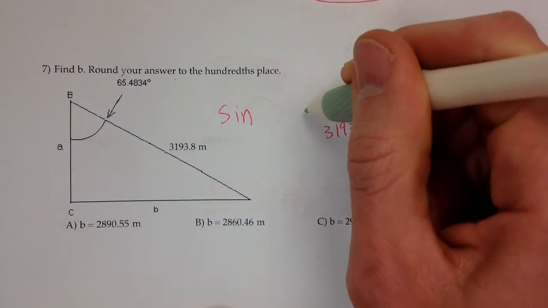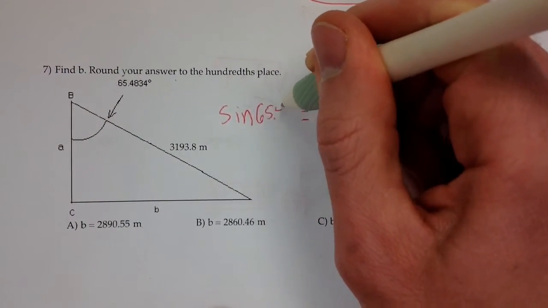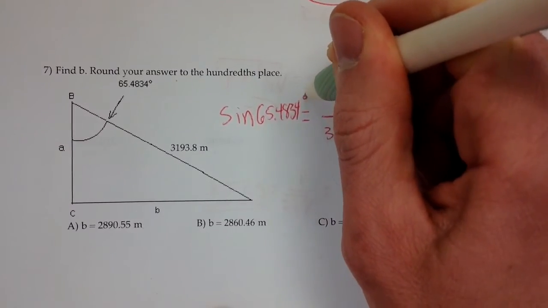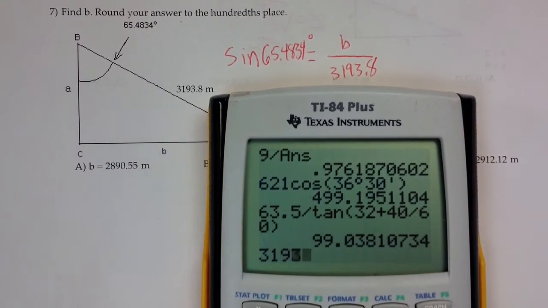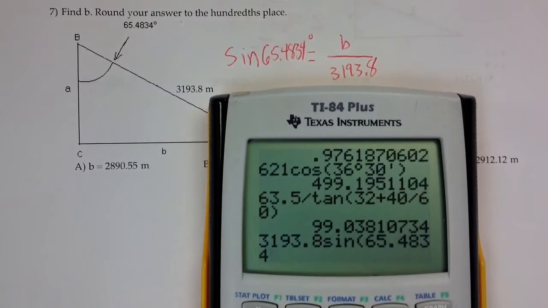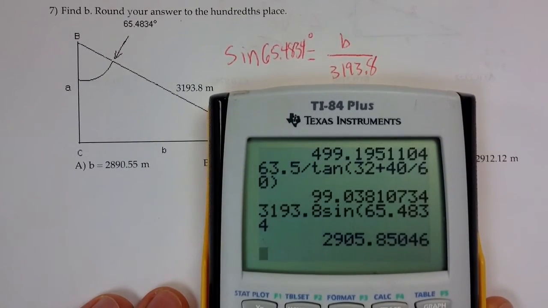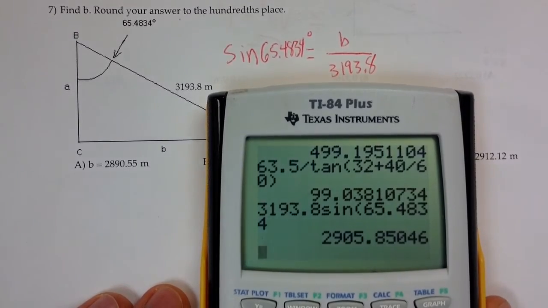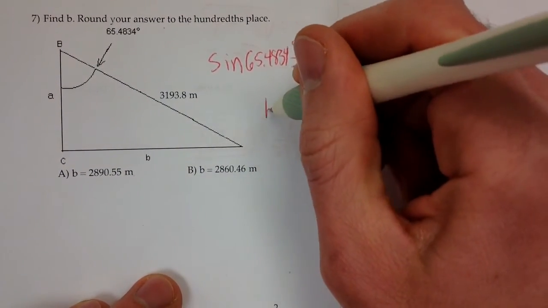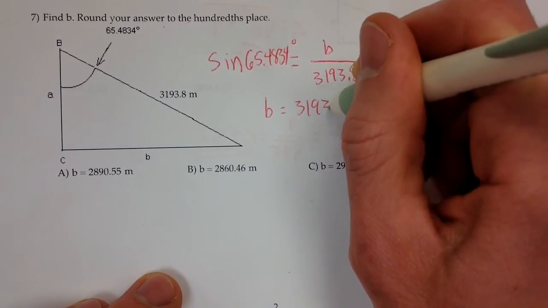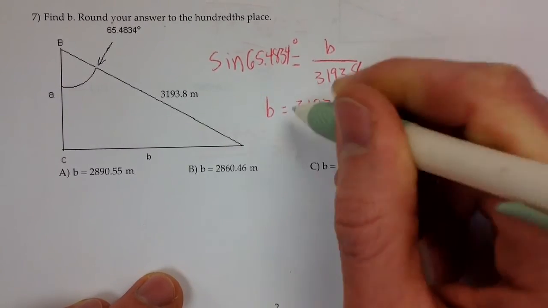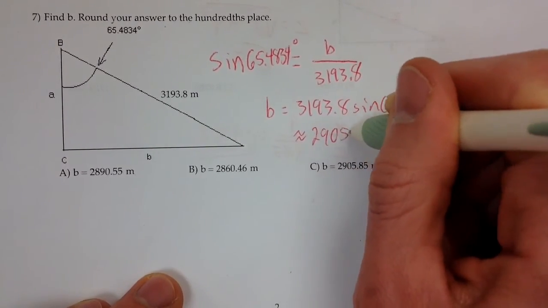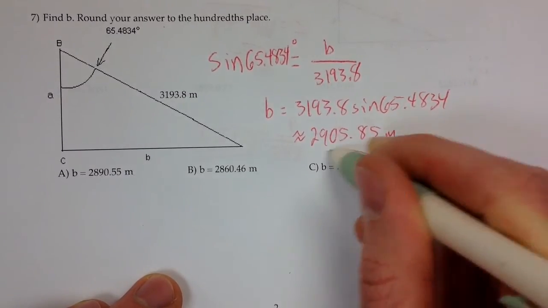Equals sine of 65.4834. Good. And you can thank your helpers over there. Okay, so then you just multiply 3193.8 times sine of 65.4834. So it looks like side B is 2,905.85 meters. Good.